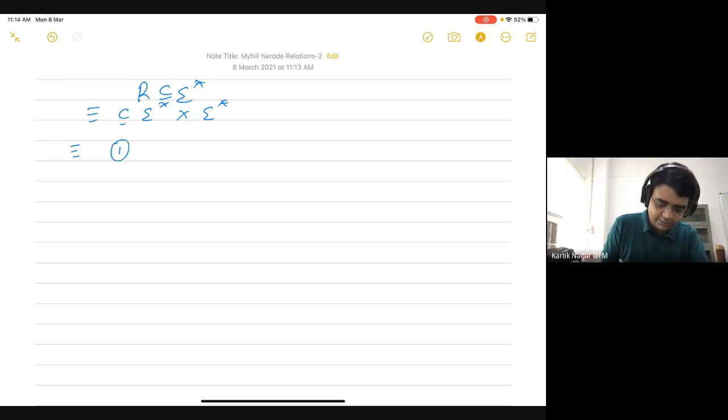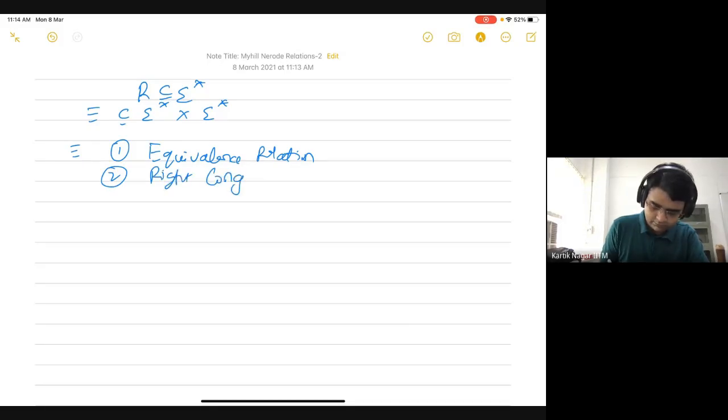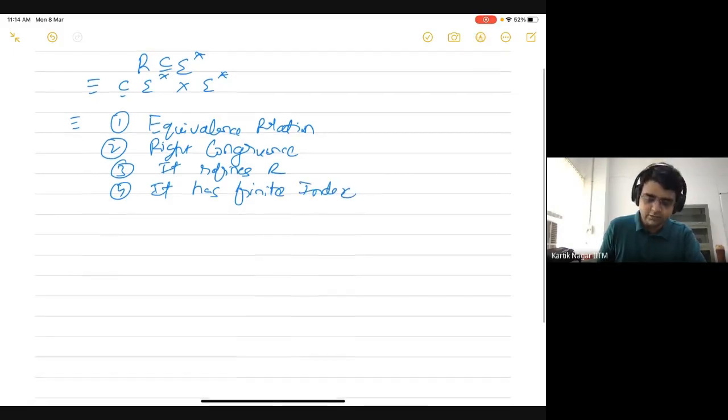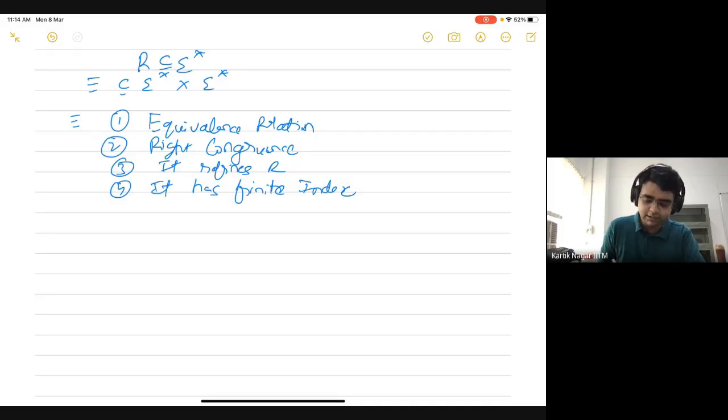So it is an equivalence relation, it satisfies right congruence, it refines R, and it has finite index. Then we say that this particular relation is a Myhill-Nerode relation for the language R.